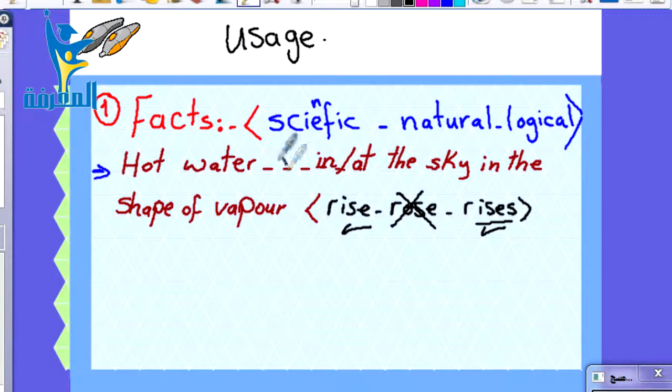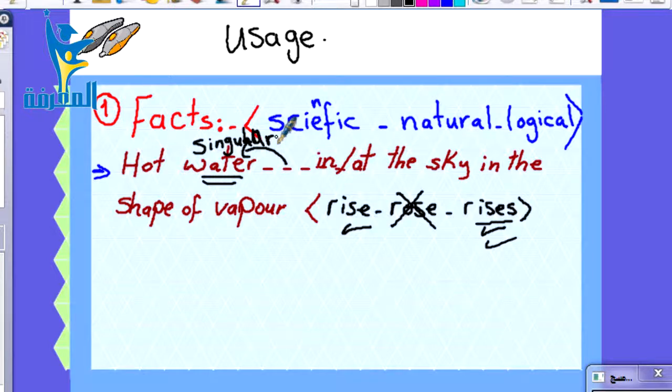Yes, it rises. Correct. Why? Because water here is singular. We can't count water, so it is regarded as a singular noun, and the singular noun, as we said before, takes a verb plus s.